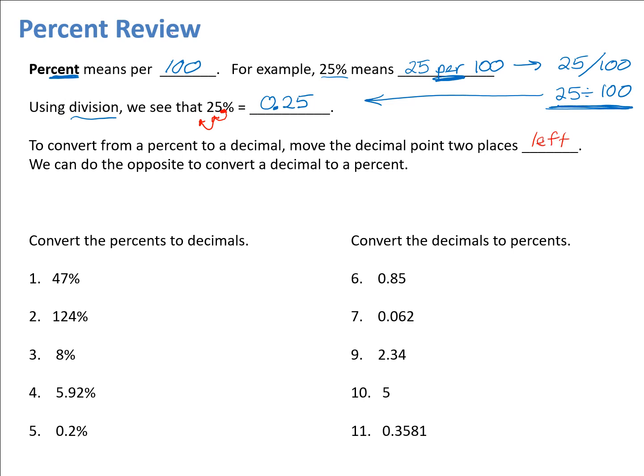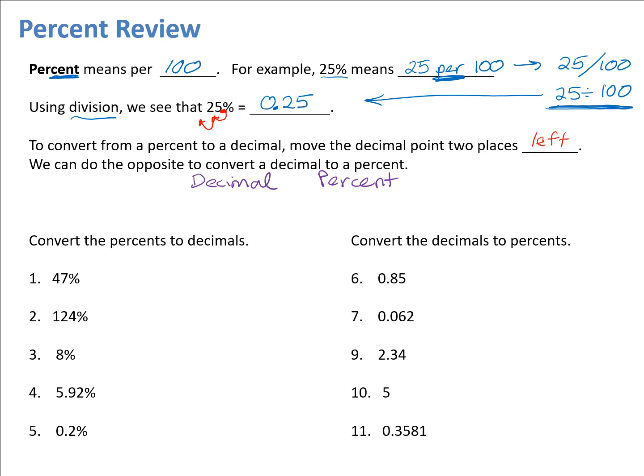And likewise, if we have a decimal and want to convert from a decimal to a percent, we just reverse that. All right, so there is a quick memory trick that I've learned. If you write decimal and percent down in alphabetical order, decimal would come first, and it would be on the left side.